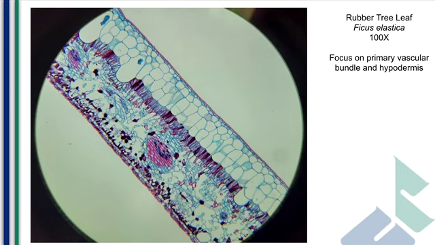And then, of course, your vascular bundle, your stomata down on the bottom of the leaf, and the spongy mesophyll. This layer above the palisade mesophyll is the hypodermis, an extra layer underneath the surface of the leaf to help prevent water loss. That is a lot of prevention of water loss.